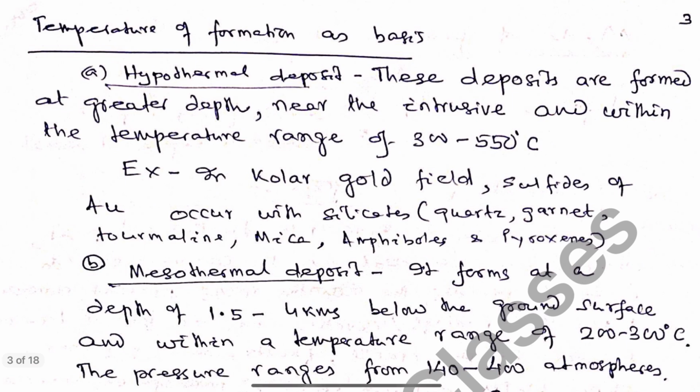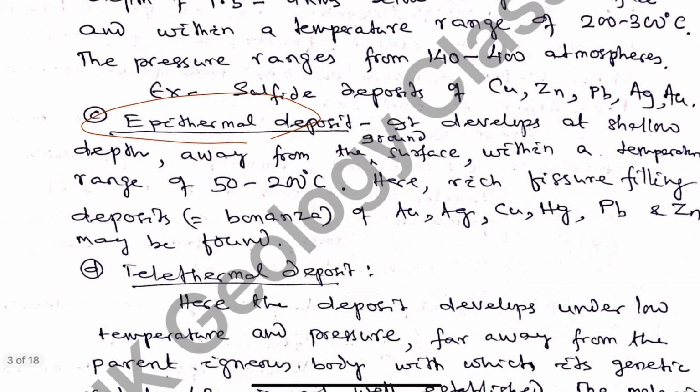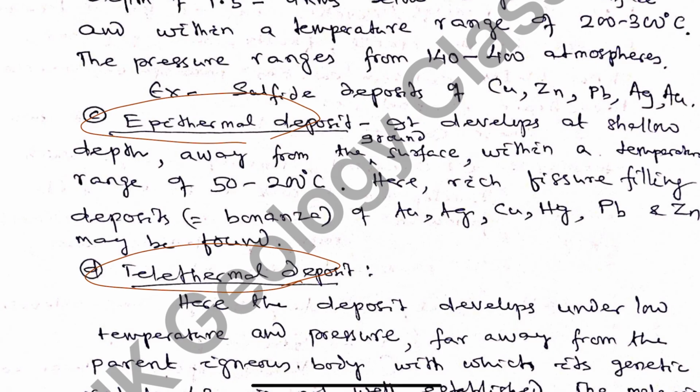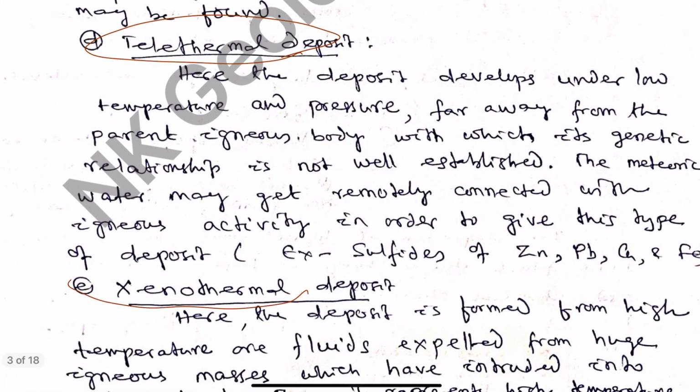If you take into account the temperature of formation, the hydrothermal deposits are classified into four types: hypothermal deposit, mesothermal deposit, epithermal deposit and telethermal deposit. And also there is another type of deposit, that is xenothermal deposit.